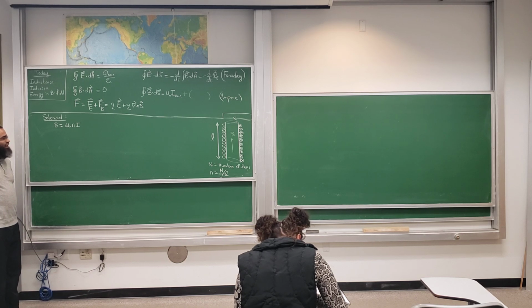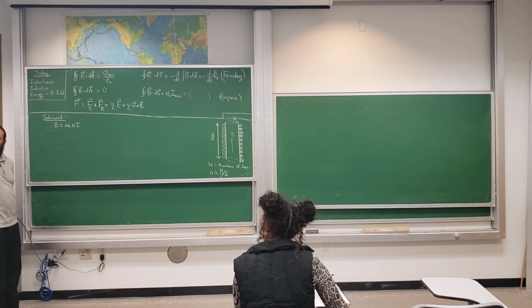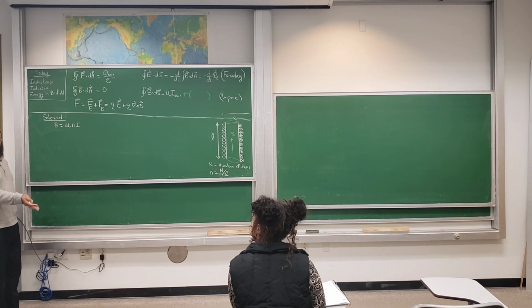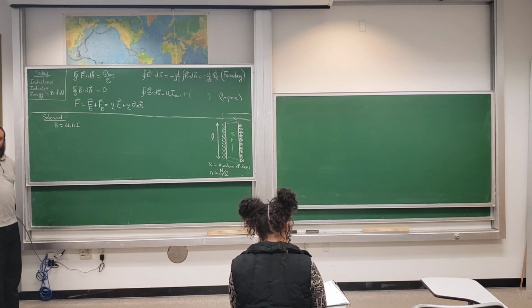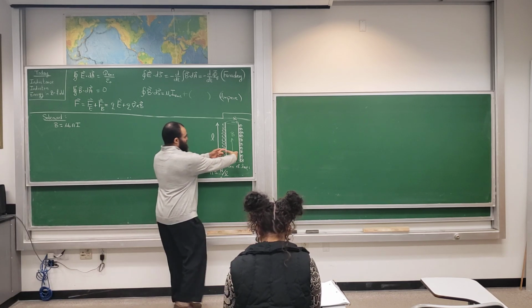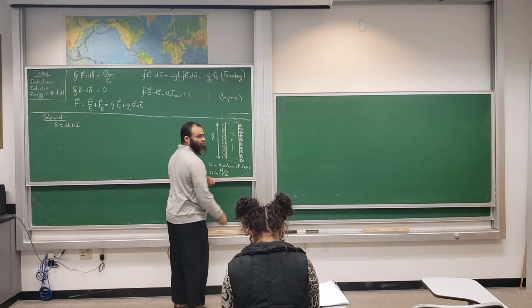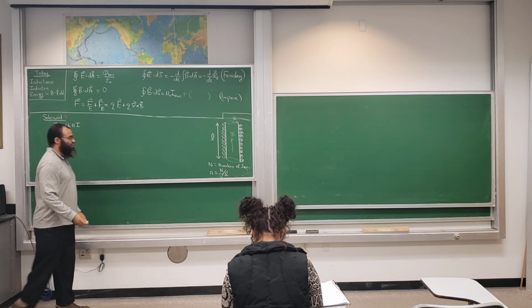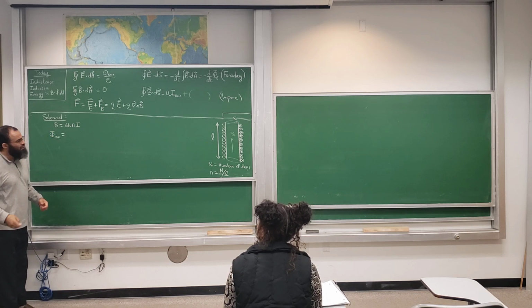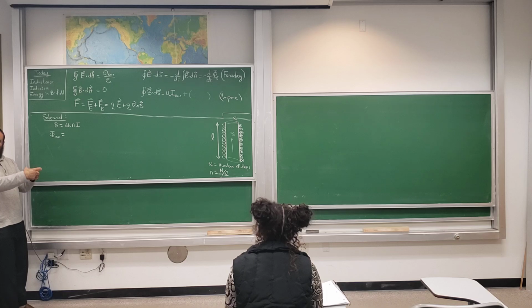Any questions up to this point? This should be a repeat, right? So there is a magnetic field going up the solenoid. Consider one loop, here, right here. What's the flux through that loop? Can you write it? Yeah, magnetic field times the area.